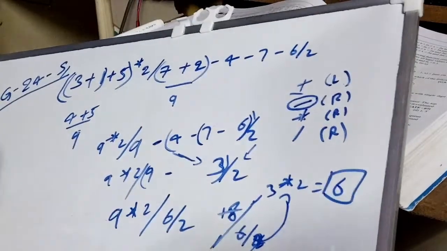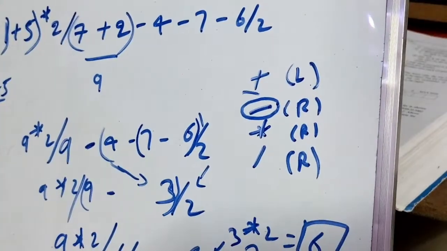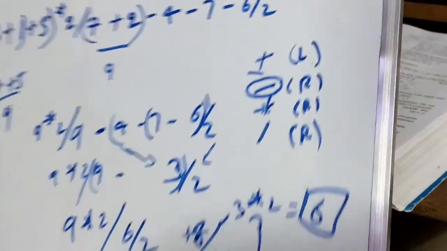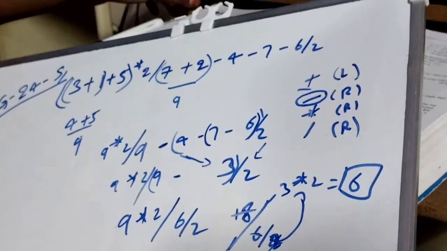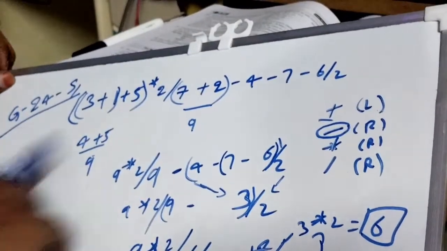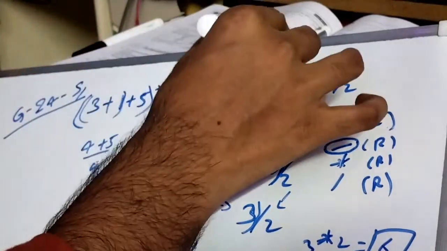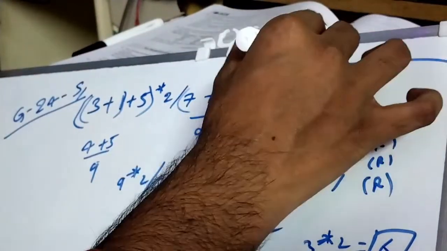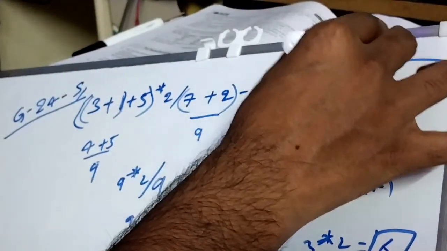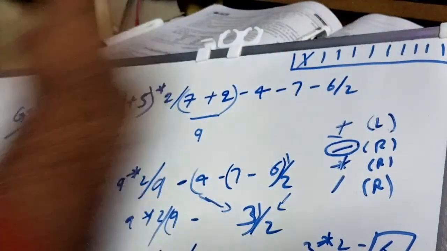Yes, 6 is the answer. This is the GATE 2024 session 1 question. First question done. Now let's go to the second question.